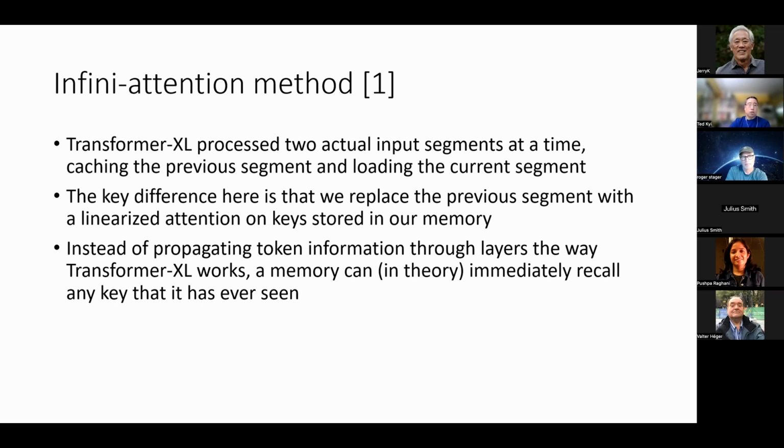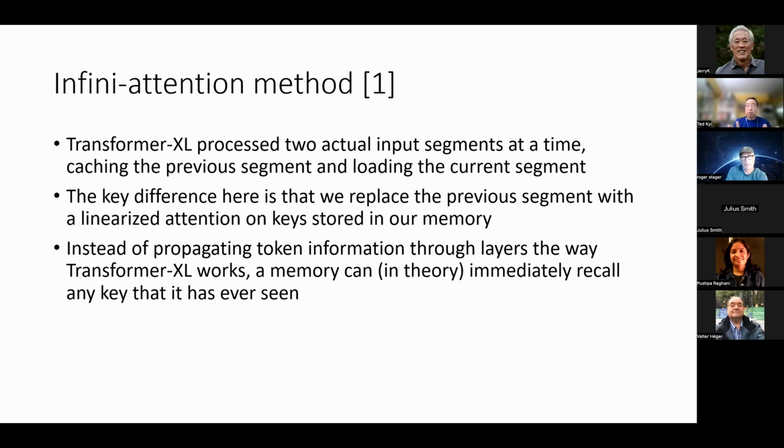So now, instead of having to propagate the token information through the layers like an RNN and trying to decide what potentially is useful information to keep around, the memory can just immediately recall any key that it's ever seen. So there's none of this propagating stuff.